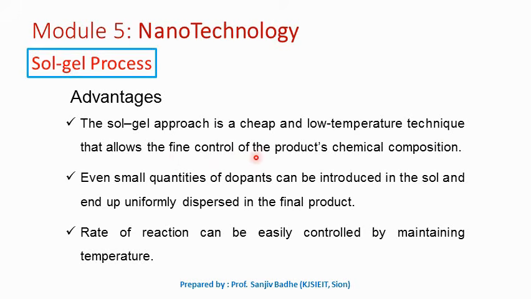It allows fine control on the product's chemical composition. With this technique, we can add small quantities of dopant also, which are uniformly dispersed in the final product. Rate of reaction can be easily controlled by maintaining a suitable temperature. So these are the advantages of the Sol-gel method.